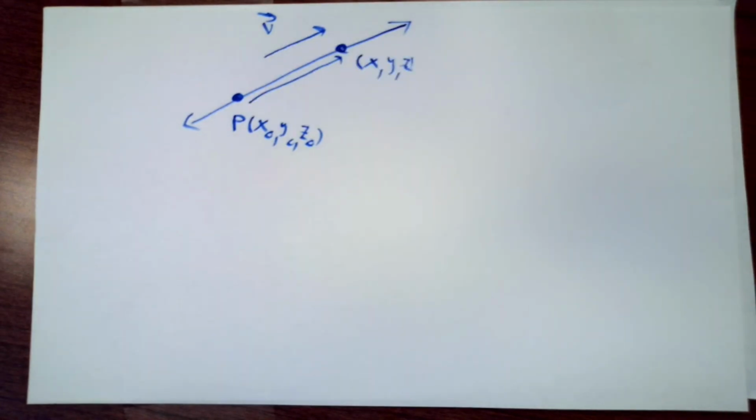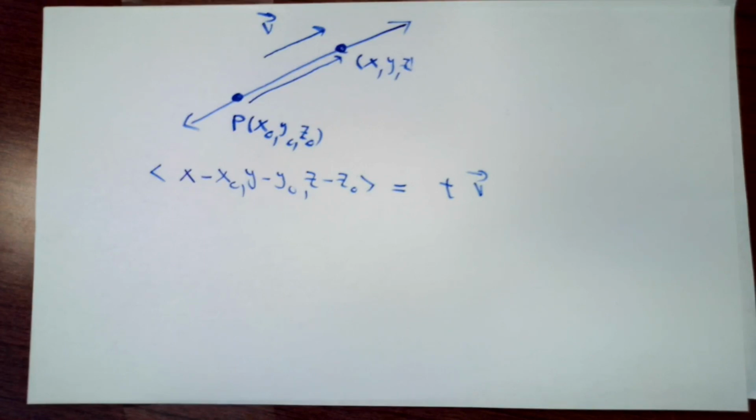If I were to have another point on the line, the vector that connects the 2 points on the line must be a multiple of this vector v, because that's the direction the line is going in. So the vector with components x minus x0, y minus y0, z minus z0 must be a multiple of vector v.